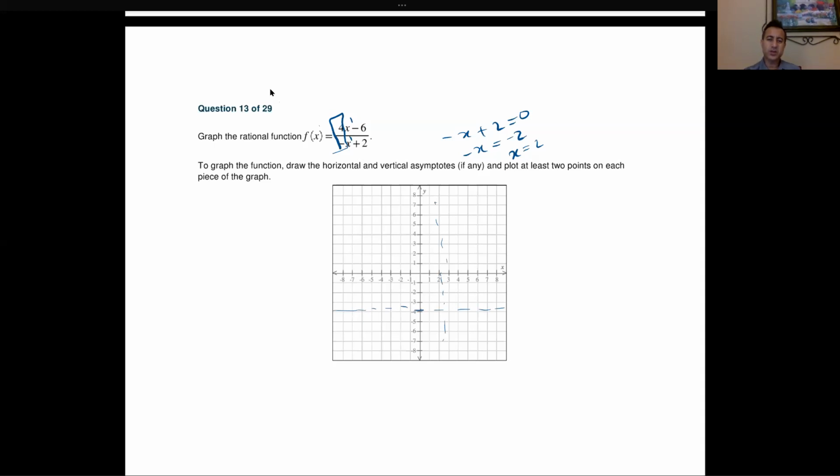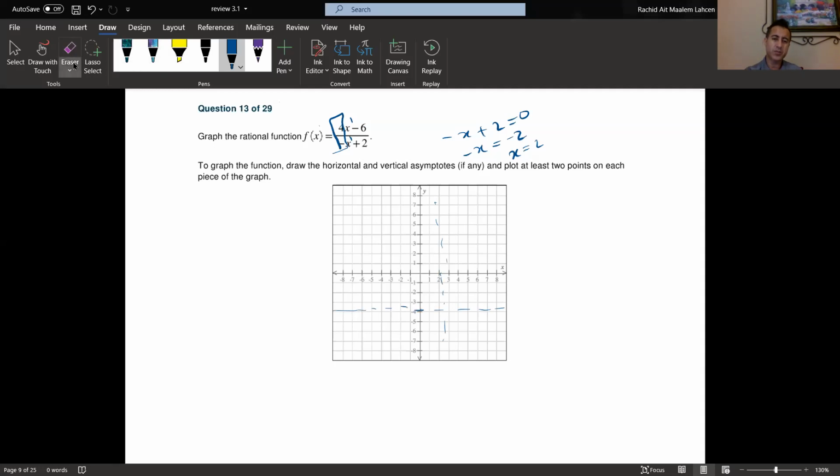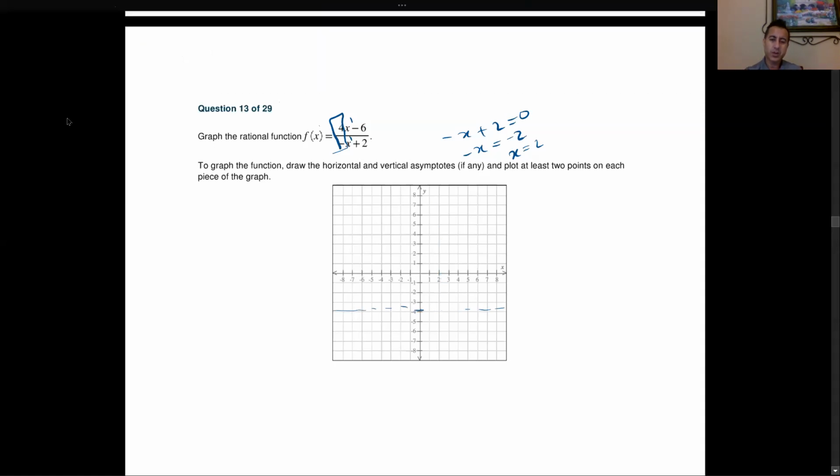So you will graph these and you will do the points just like we did in the previous example. And you will graph.